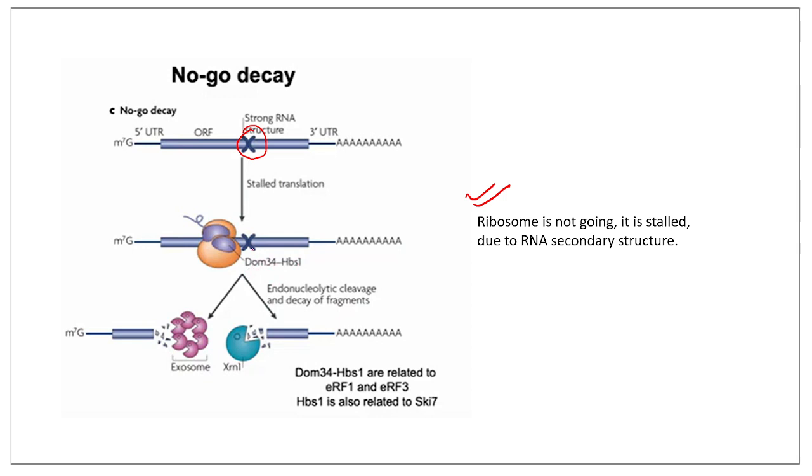This signals that endonucleolytic cleavage has to occur. So endonucleolytic cleavage occurs, and then at the 3' end the exosome comes, and at the 5' end XRN1 comes. These two are important. That's why at the beginning I told you to remember that exosomes will attack the 3' end and XRN will attack the 5' end. This you have to remember.